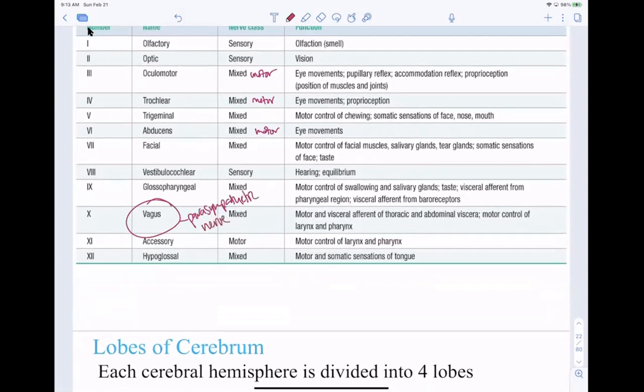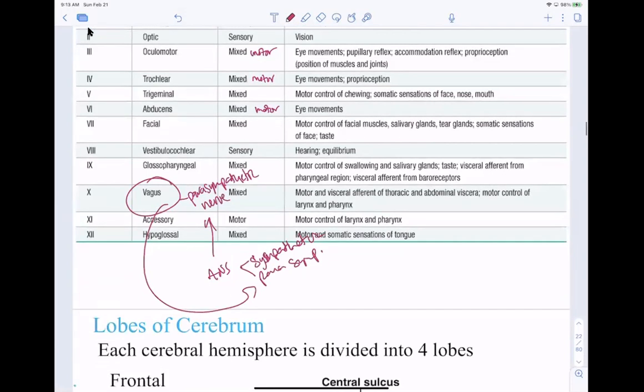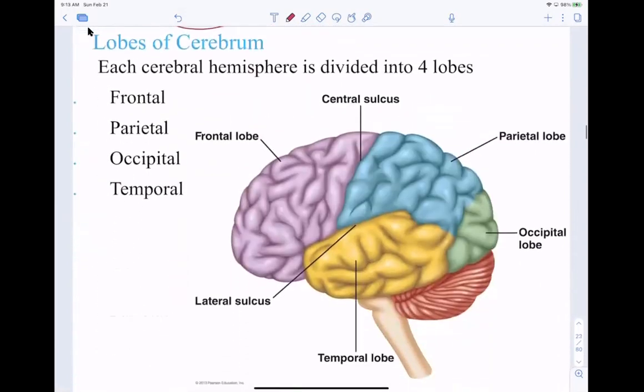So cranial nerve 10 is the vagus nerve, and when we talk about the autonomic nervous system, which is sympathetic and parasympathetic, the vagus nerve is really the primary nerve of the parasympathetic nervous system. It's a cranial nerve.